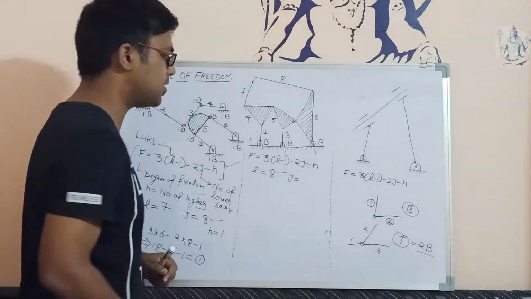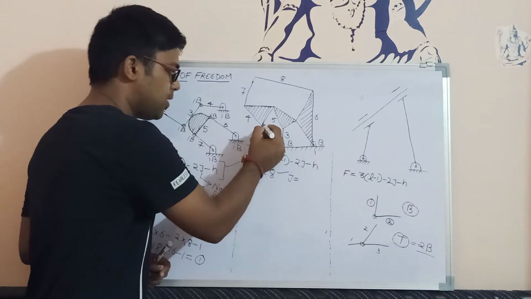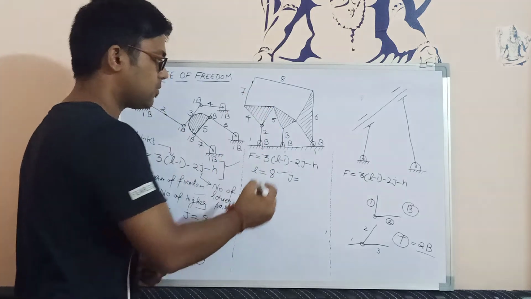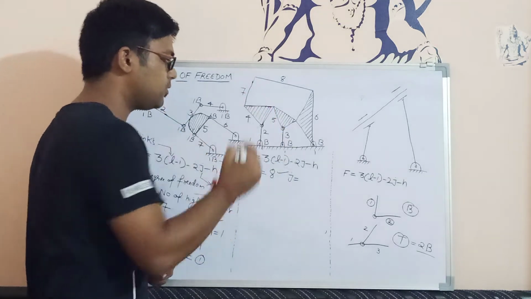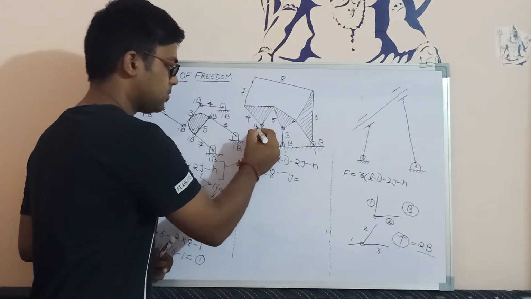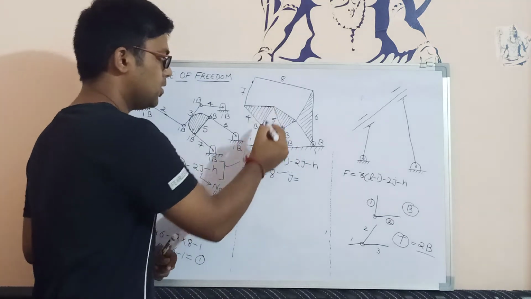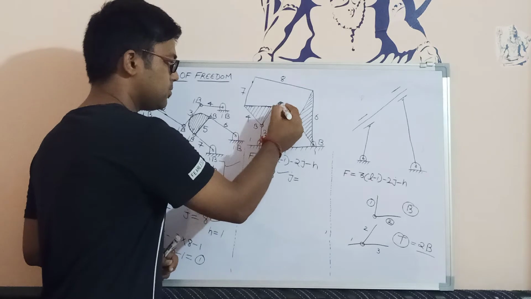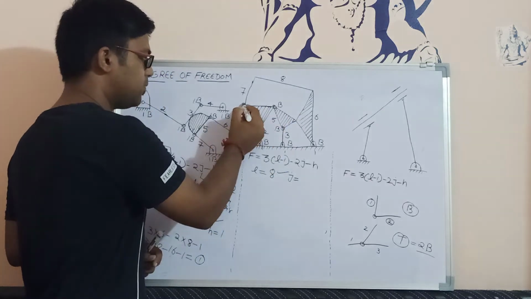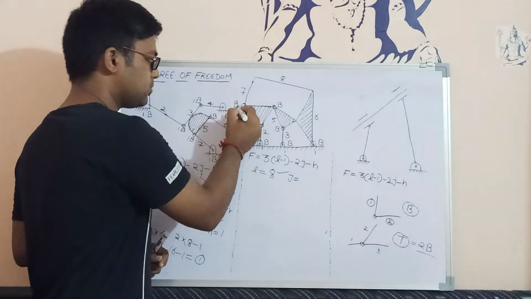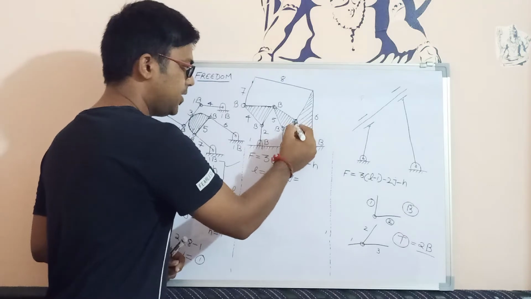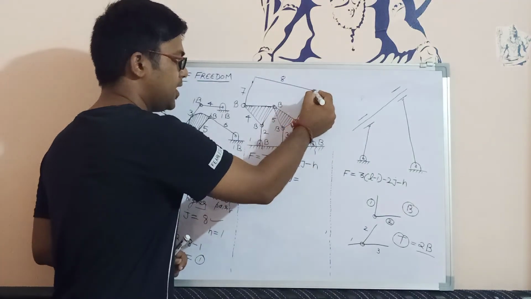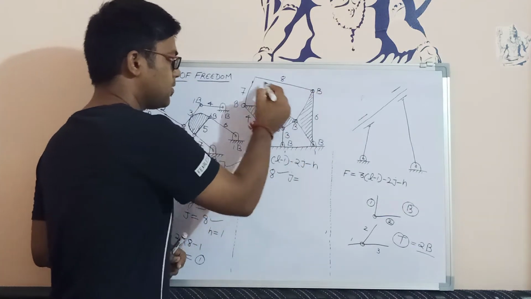So three binary joints are there. This is going to be my fourth binary joint, fifth one, sixth binary joint, seventh binary joint, eighth binary joint, ninth one, 10.